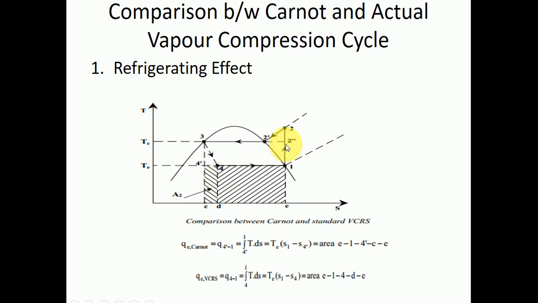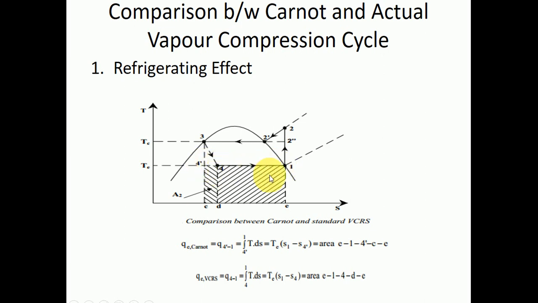You can see here that we have an increase in work on the compressor relative to the Carnot cycle. This is the refrigerating effect, from state 1 to 4 and 4 dash.